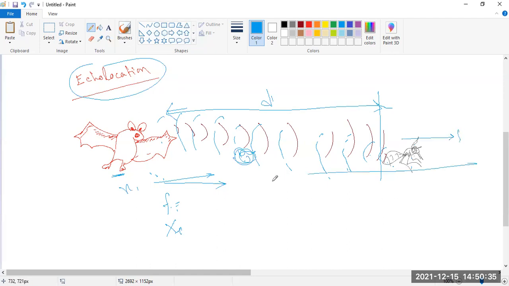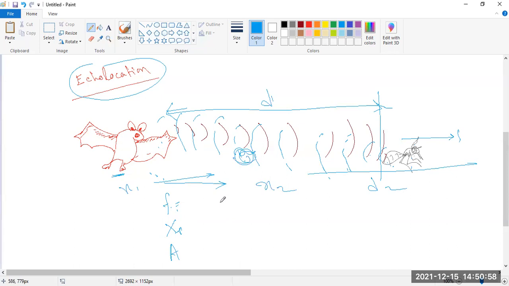So in this position, say this is the x2 position, and this is d2. So we are creating the frequency of this echoing, the position x, and the loudness A, how loud its echo will be.